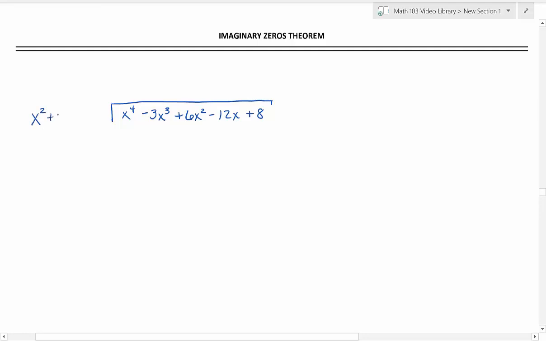That makes the divisor x squared plus 0x plus 4. And now we divide. X squared goes into x to the 4th, x squared times. Multiplying back by the entire divisor, we get x to the 4th plus 0x to the 3rd plus 4x squared. We'll subtract.